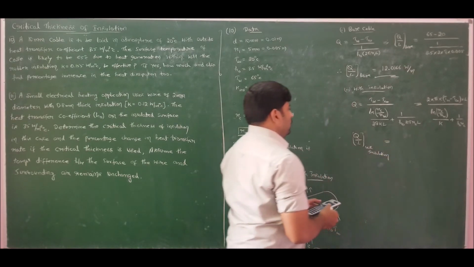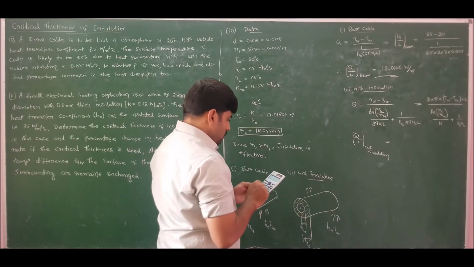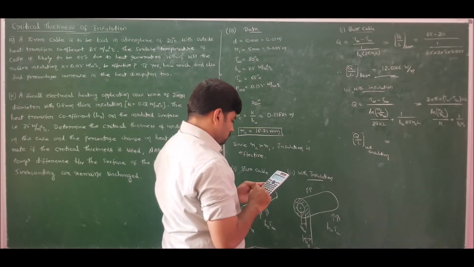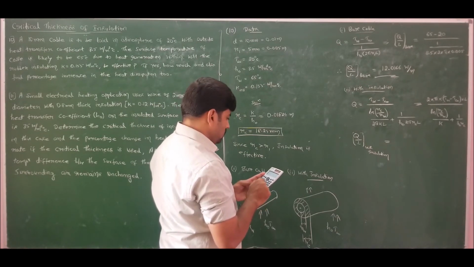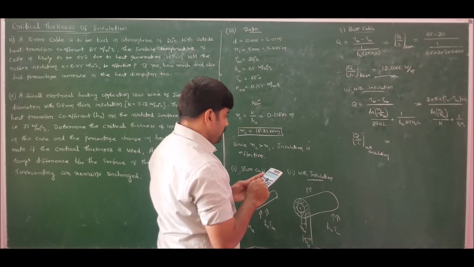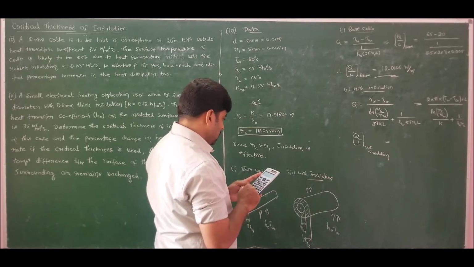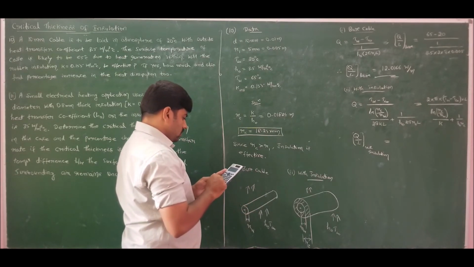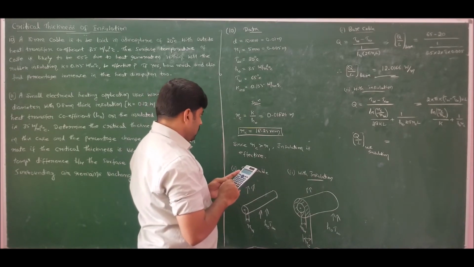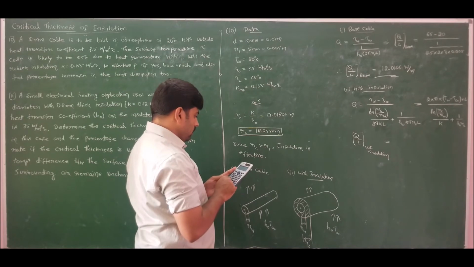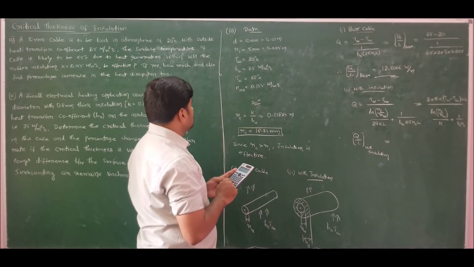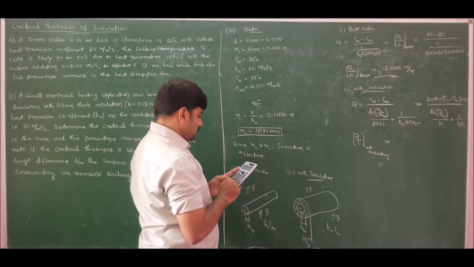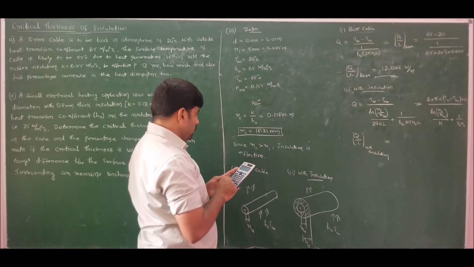With insulation it will be 2 into pi into the temperature difference, 65 minus 20, divided by ln of Rc, where Rc is 18.24, divided by 5, divided by K of the insulating material, 0.155, plus 1 by h0, where h0 is 8.5, into Rc, which should be in meters, 0.01824.